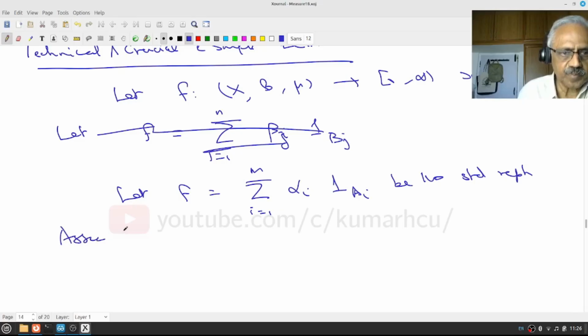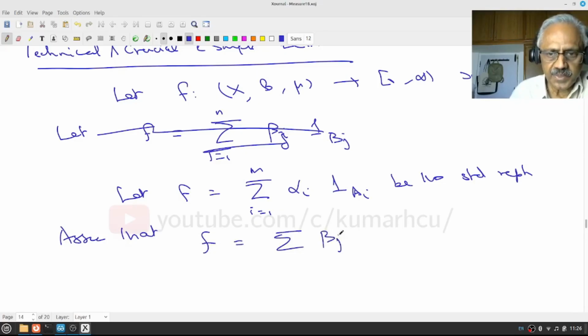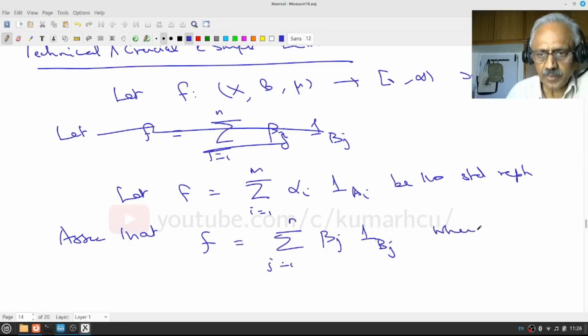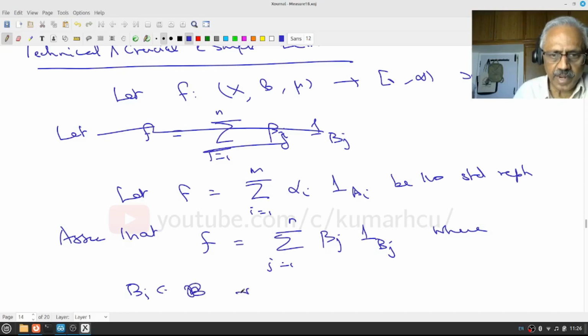Assume that f is also equal to the summation of beta_j times the indicator function of B_j, j equal to 1 to n, where of course my B_j's are measurable and pairwise disjoint.